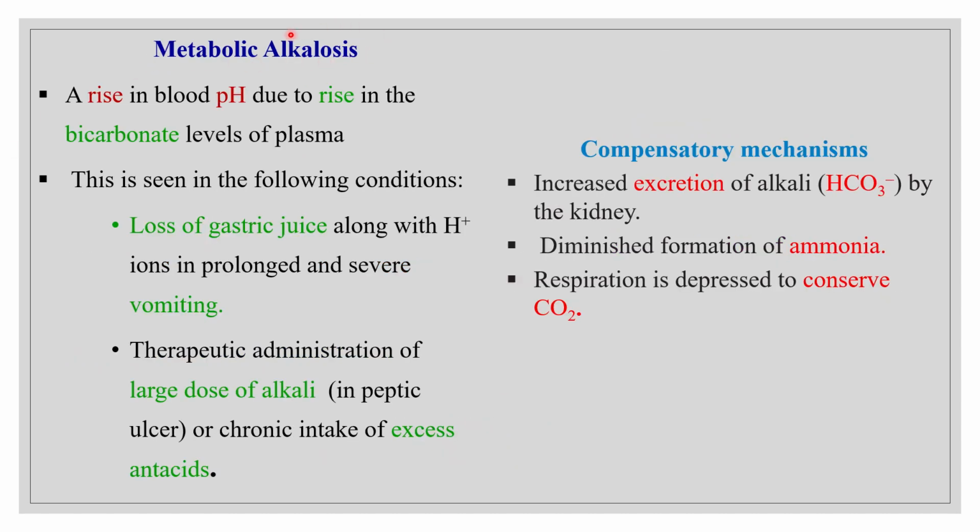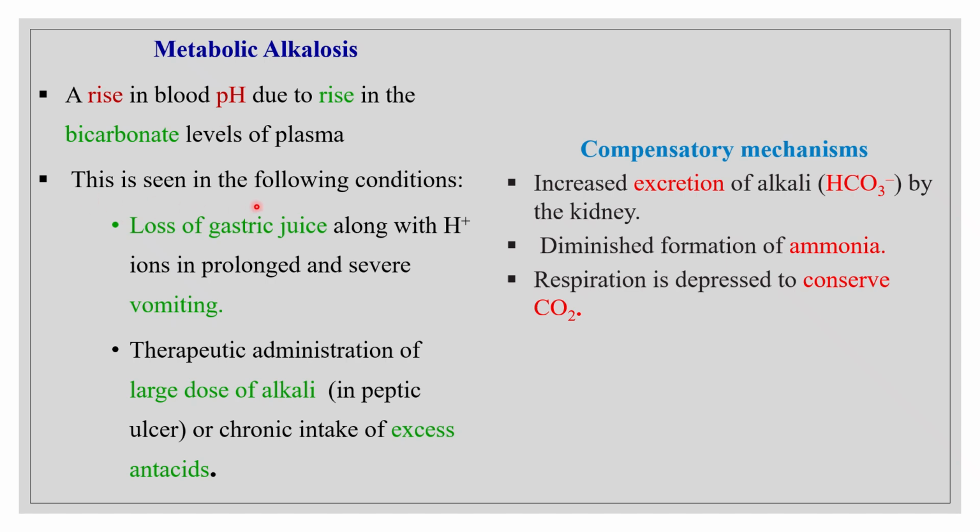Then metabolic alkalosis, a rise in blood pH. Obviously, it is the alkalosis state, the pH will be towards the higher side, more than 7.4, due to the rise in the bicarbonate level in the plasma.